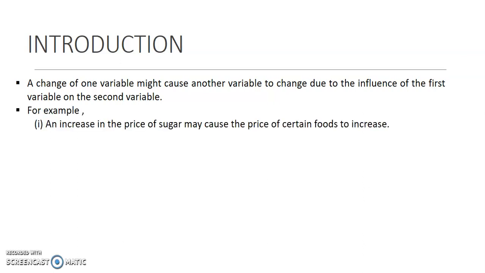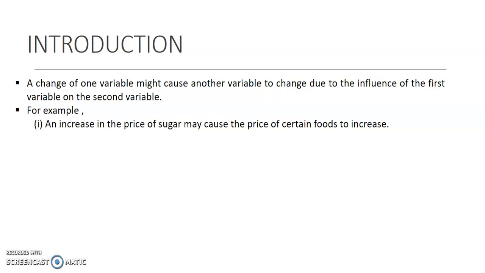For example, you are conducting a study about the relationship of the price of sugar with the price of foods in a restaurant. From that study, you can conclude that an increase in the price of sugar may cause the price of certain foods to increase. Here, we can conclude that an increase in one variable causes another variable to increase.